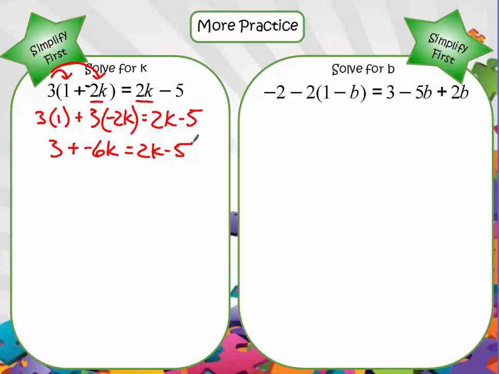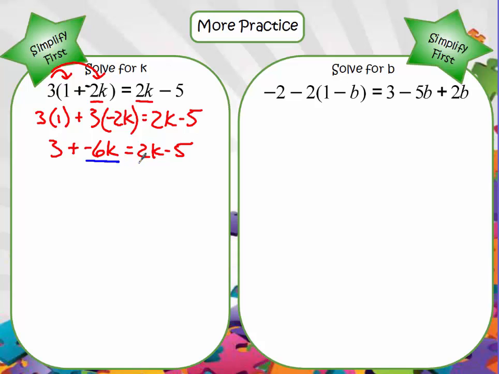Now it doesn't really matter which side we move the variables to, but one good strategy is to always make the coefficient in front of your variable positive. In order to do that, I'm going to move this negative 6k, and by move, I mean add 6k to both sides. If I add 6k, then on the right-hand side, the k's will become positive.